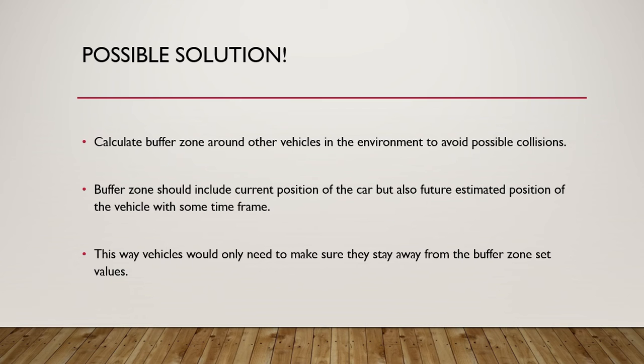If that safety net is maintained, the vehicles can change lanes. The buffer zone should include the current position of the car and also the future estimated position of the vehicle within some time frame, knowing where our car is going to be on the road after 5 seconds.